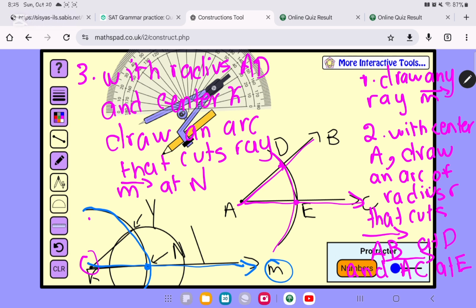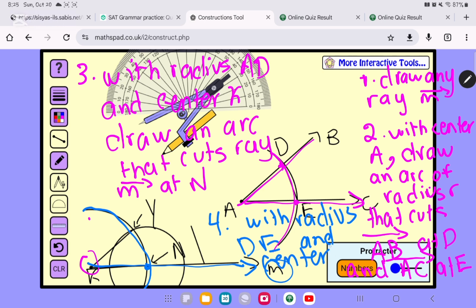Then the fourth step, that you have to do, is that with radius DE, so remember how I said we're going to connect DE and then take the distance, or the radius, of DE with the compass, okay, and center N, draw an arc.